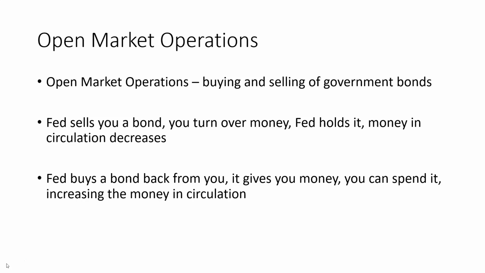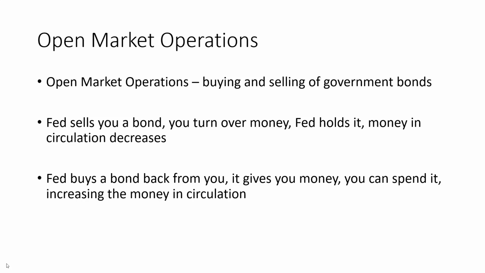Now, of the three tools the Fed has available to it, we've already seen that the required reserve ratio is the least used tool. Open market operations happens to be the most frequently used tool. The Open Market Commission buys and sells bonds almost daily.